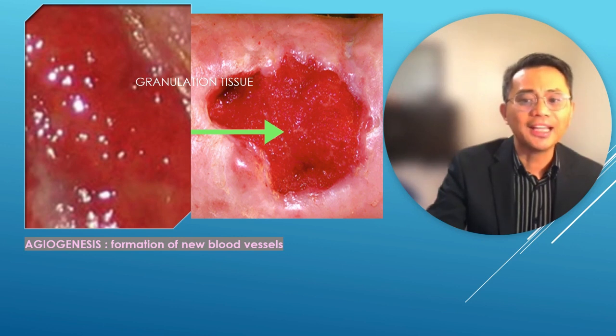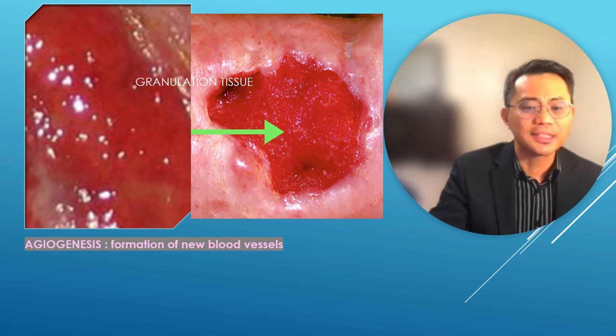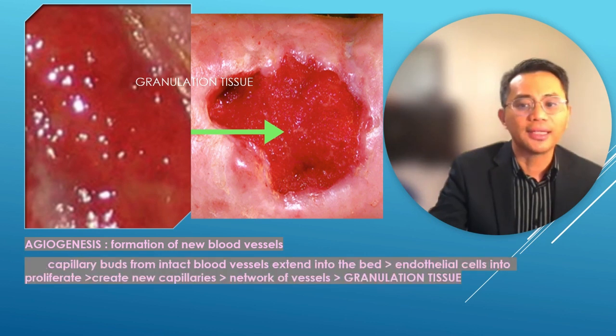Angiogenesis occurs as new capillary buds from the intact vessels adjacent to the wound extend to the wound base. Like what I said, there are new capillary buds from intact blood vessels. They will now extend into the wound bed in here. And then the endothelial cells will proliferate.